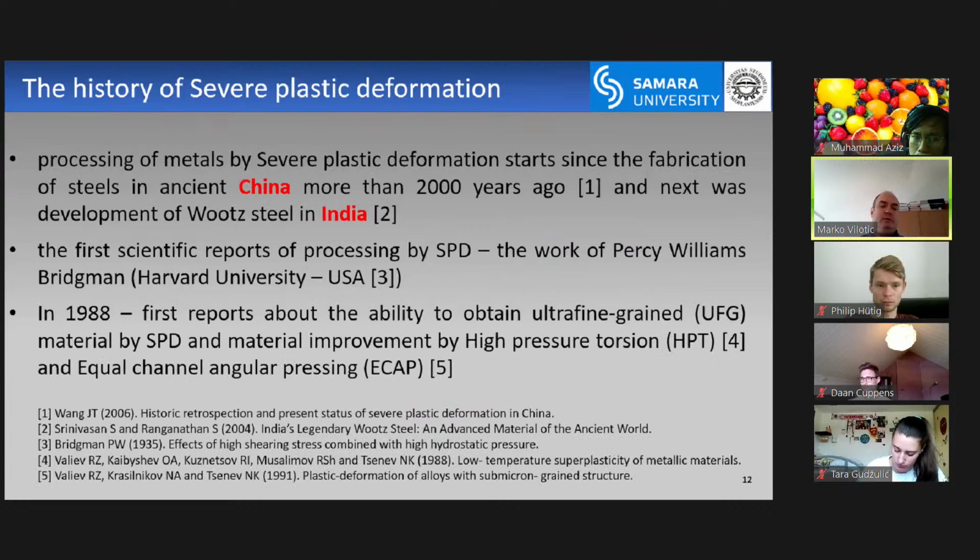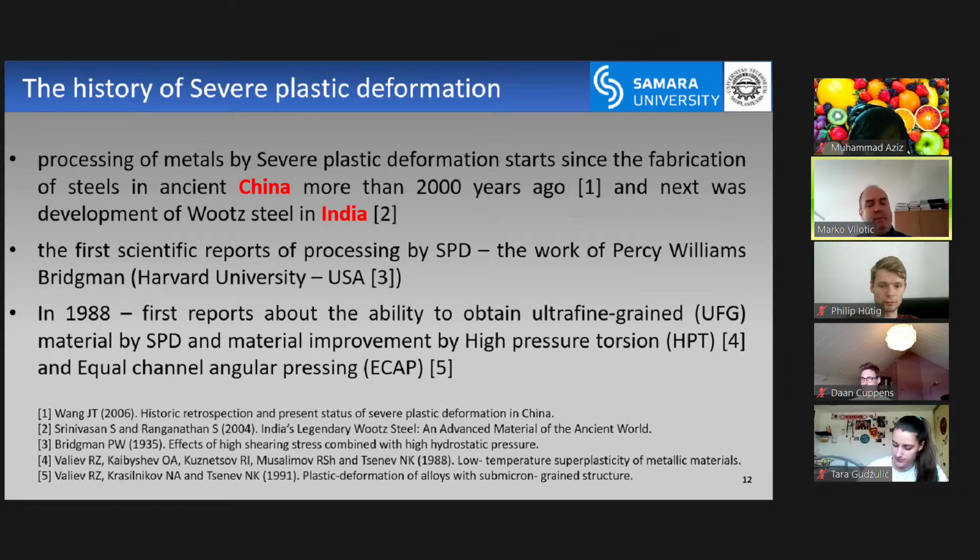How did SPD start? It started a long time ago. It says that it started in China more than 2,000 years ago, and also in India. People knew that when they do something with the metal, they will get this SPD effect.